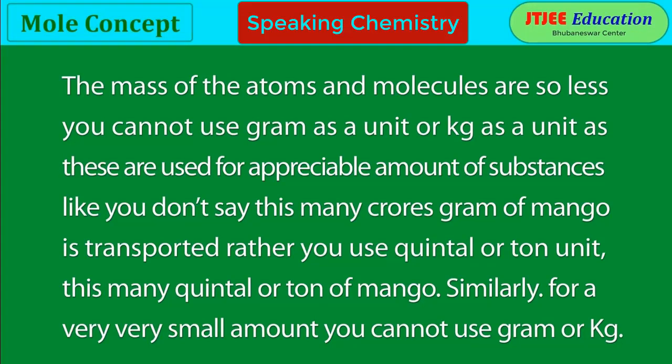Like you don't say this many crores of gram of mango is transported, rather you use quintal or ton. Similarly, for a very small amount, you cannot use gram or kg.